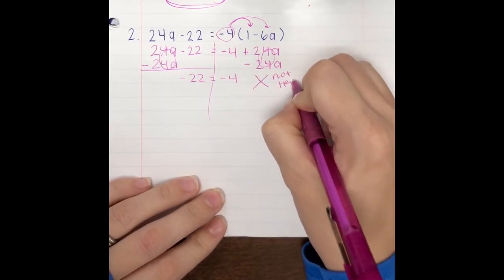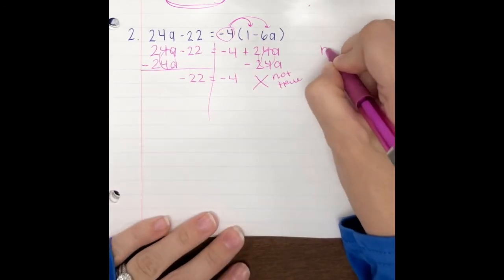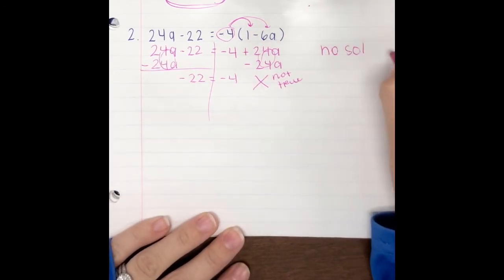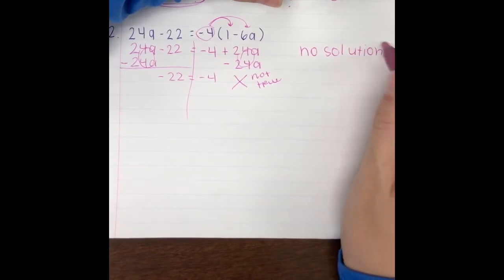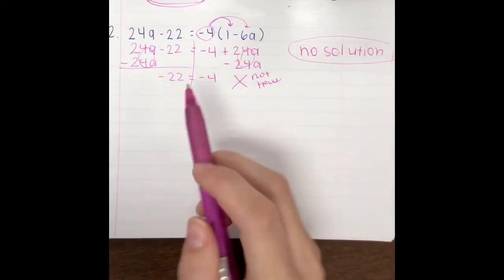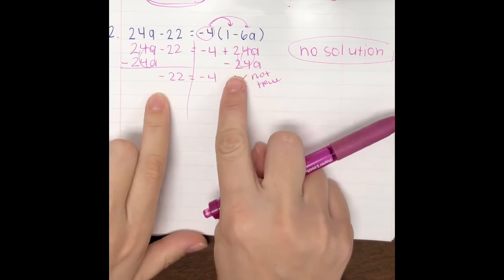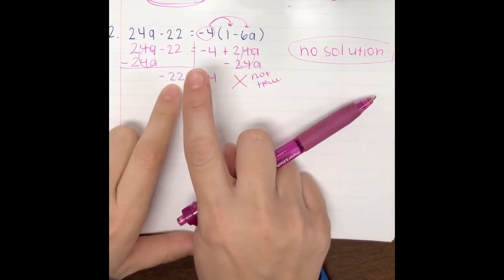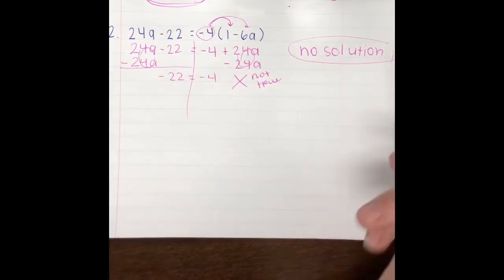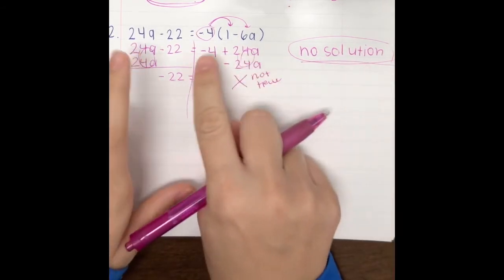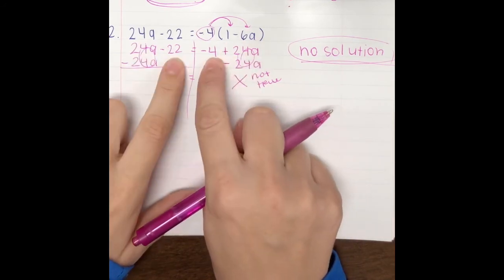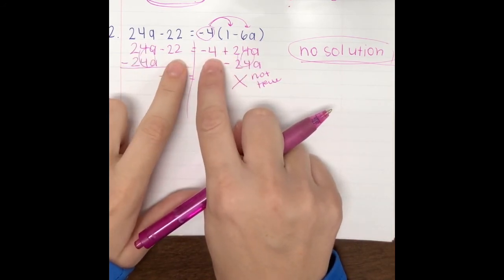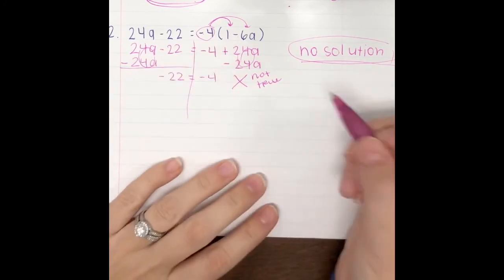So when we have something like this, we say that our answer is no solution because there is no value that I can plug in for a in order to make these two sides equal each other, because I don't even end up with an a, right? So no solution. So when you start seeing that you have the same variable term on each side, but the terms without variables are different, then it's no solution.